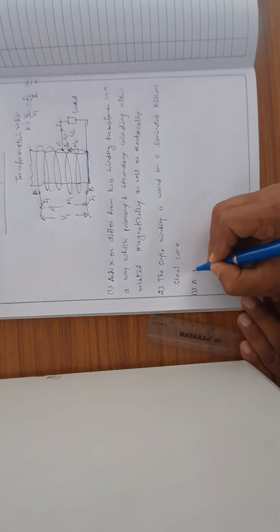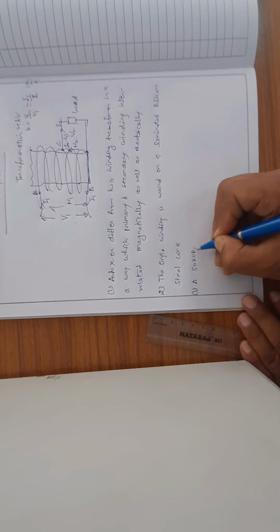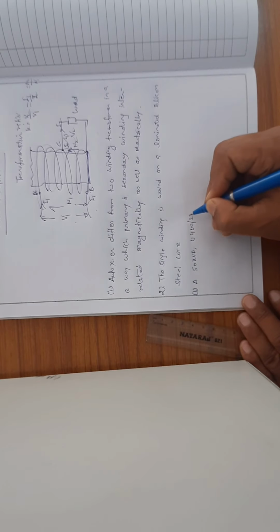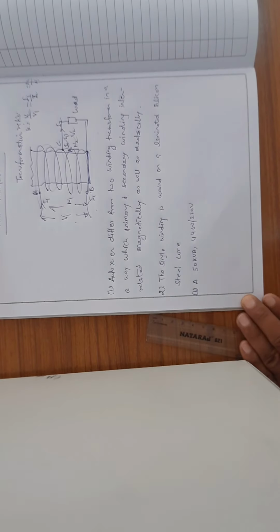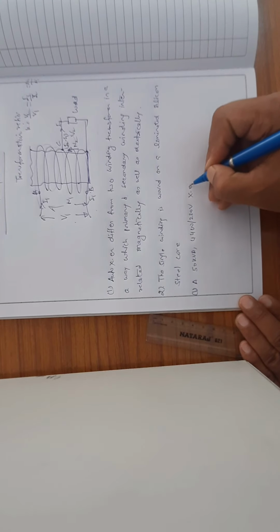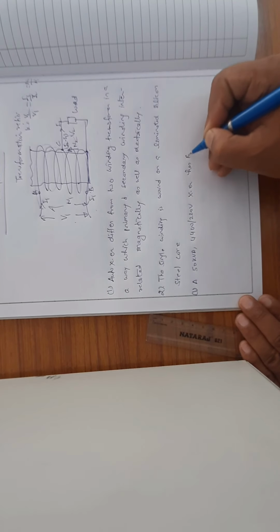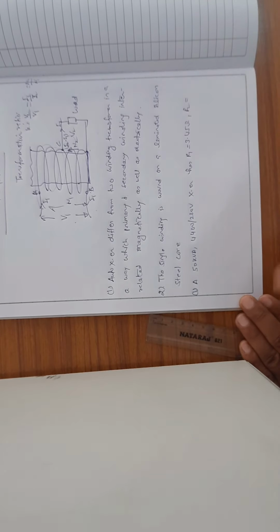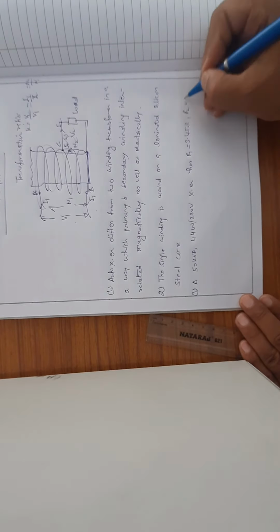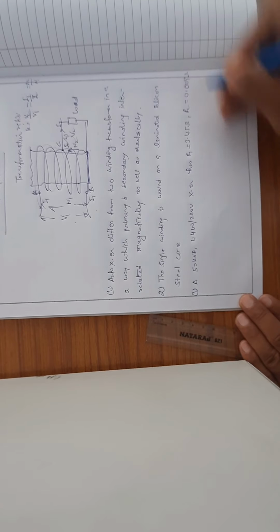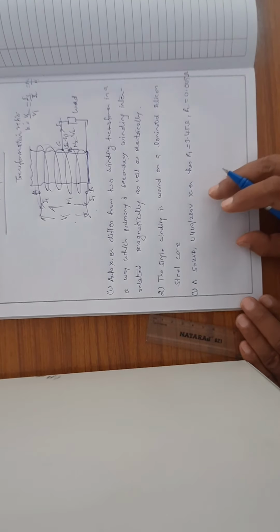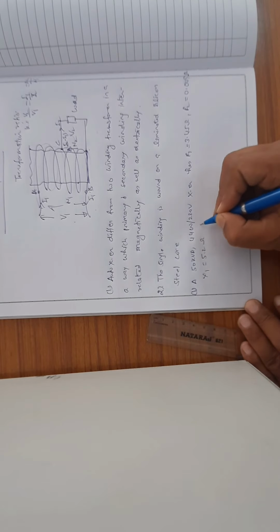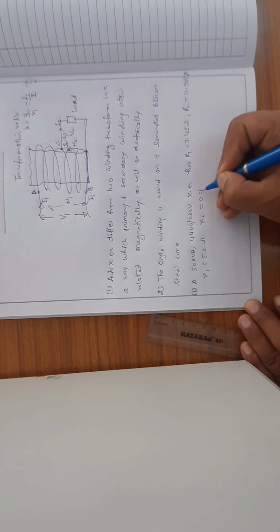Take a 50 kVA, 440 upon 220 volt transformer. It has R1 equal to 3.45 ohm, R2 equal to 0.009 ohm, X1 equal to 5.2 ohm, X2 equal to 0.015 ohm.